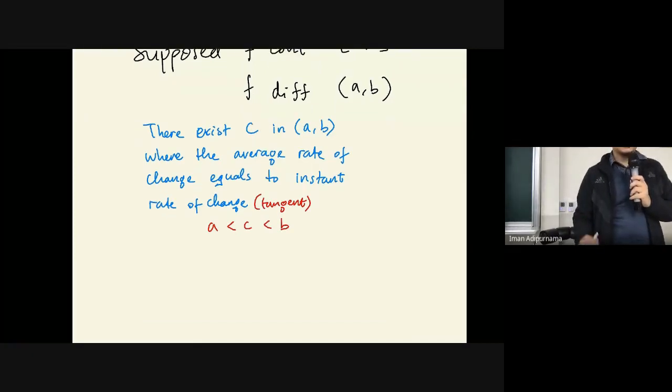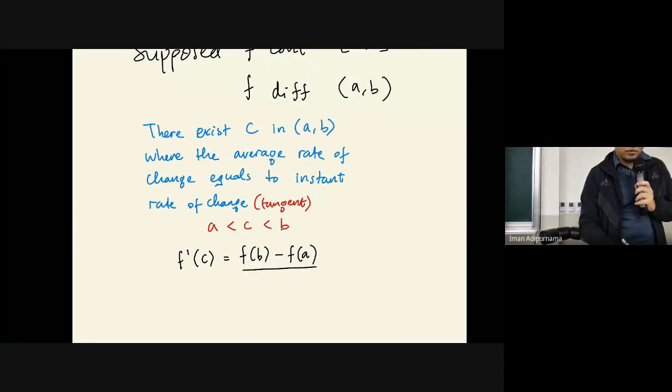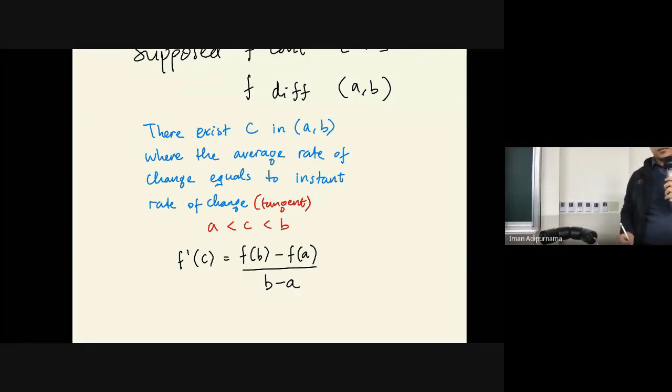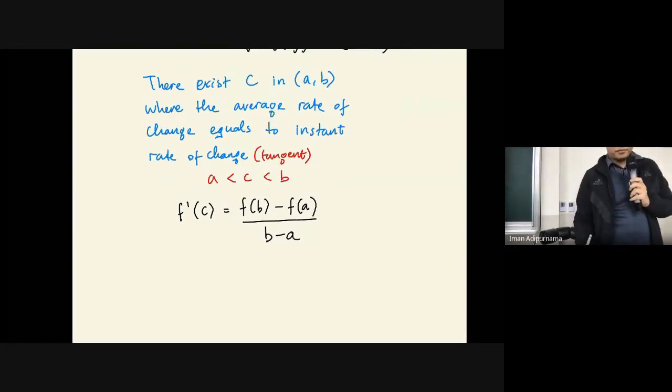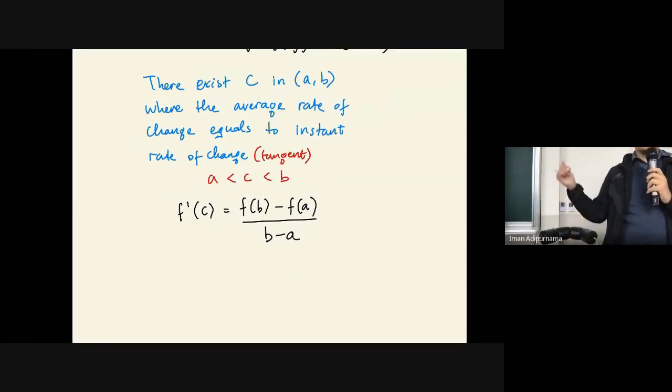So what is the average rate of change? The tangent is the first derivative, right? So the first derivative of C is equal to the average rate of change. Is it similar to our linear approximation formula? Similar, right? That's why I'm going here first, because it has similarity with our linear approximation.